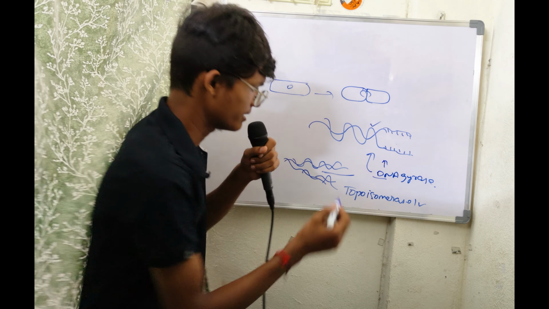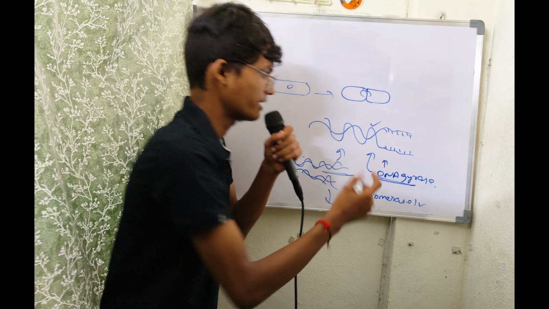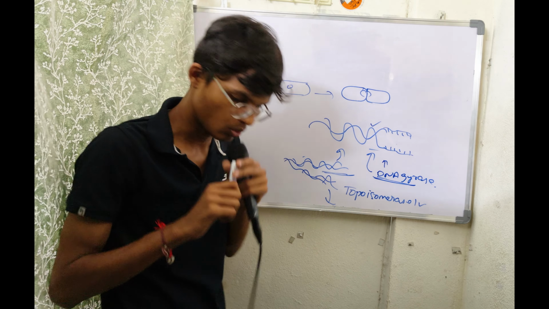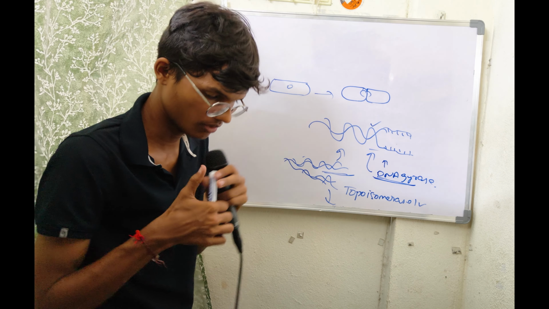This topoisomerase 4 separates two daughter DNA molecules, and this torsion or stress is removed by the DNA gyrase.